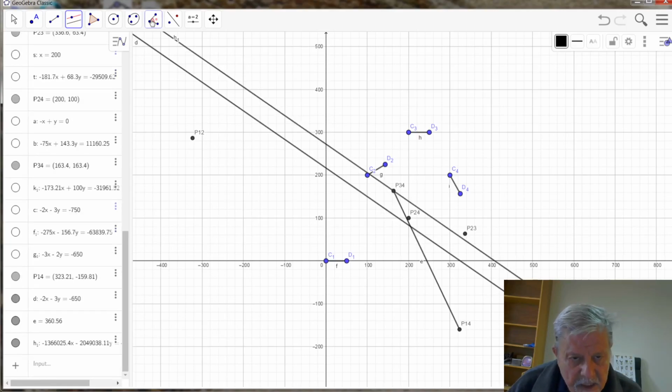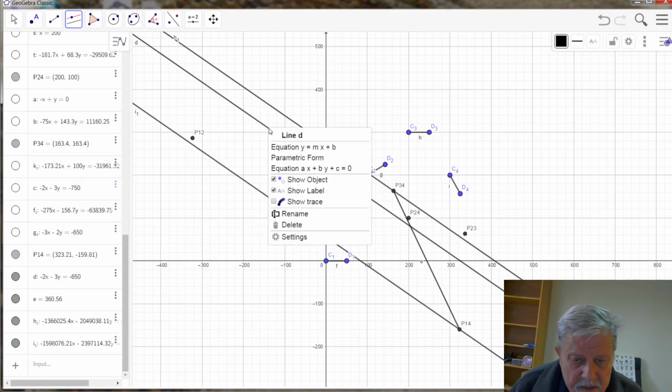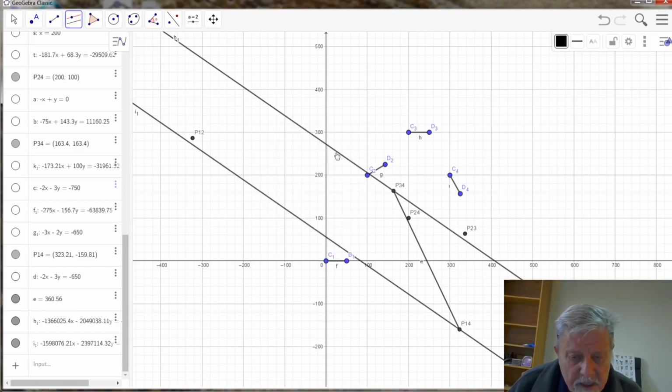The same way, P13 will be on this line at infinity. I'll hide this now. These two lines are the two sides of the pole triangle. This is side 3, this is side 4, this is side 1. This side is side 1 of the pole triangle.